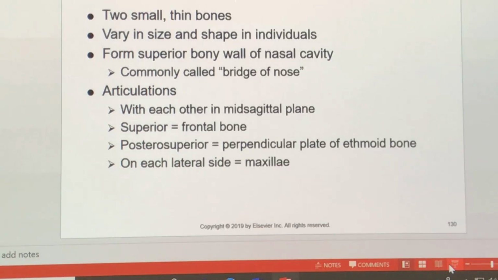So the nasal bone is very thin, and some of your textbooks will list the nasal bones as the most commonly fractured, and probably the most commonly fractured of the facial bones, just because of their location, the mandible being the second one behind that.